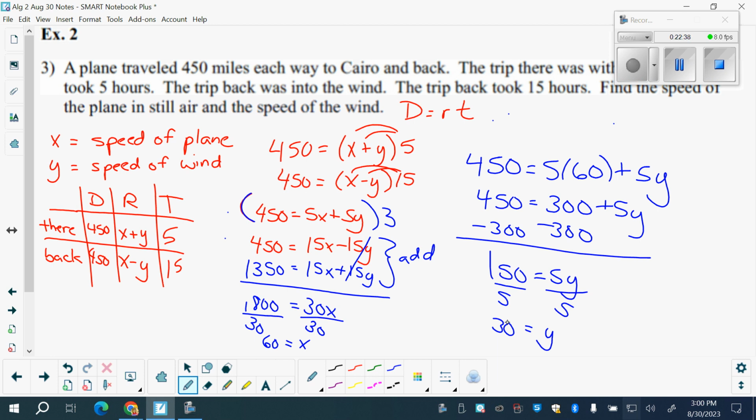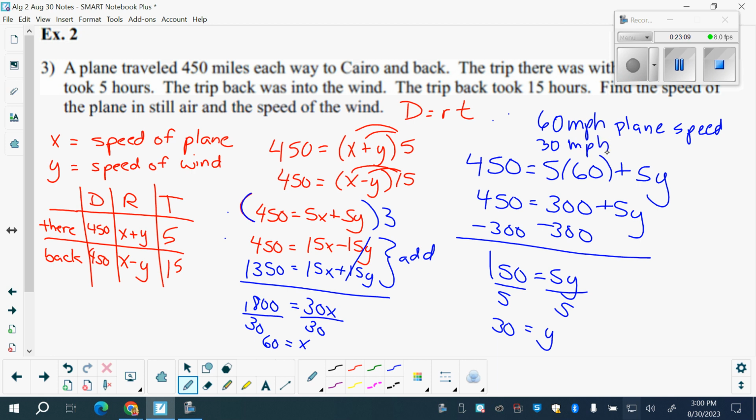So putting units on the answer. You are in Algebra 2 now. I expect you to put units. So 60 is the speed of the plane, and then the 30 miles per hour.